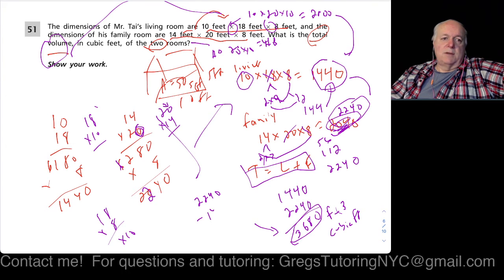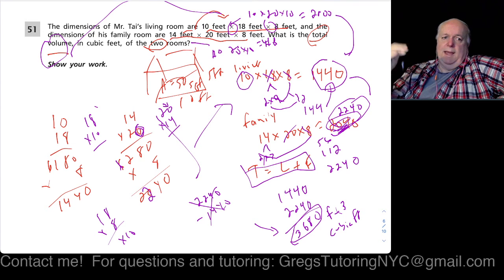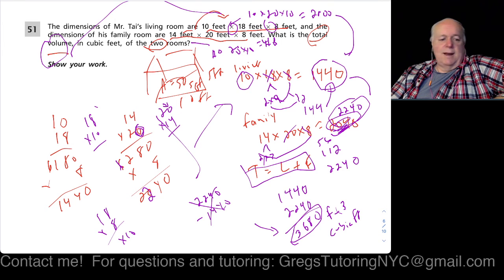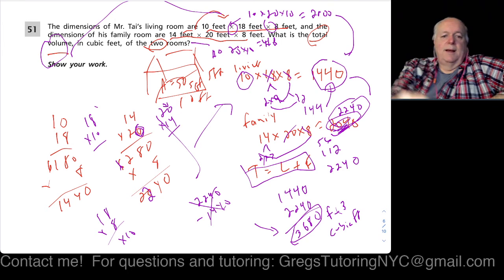That's not what they're asking you to do here. It was what is the total volume? That means addition. I'll normally use addition. It could also mean we were supposed to multiply something together between the living room and the family room. So that's not really where they're going there. All right, let's try the next one.